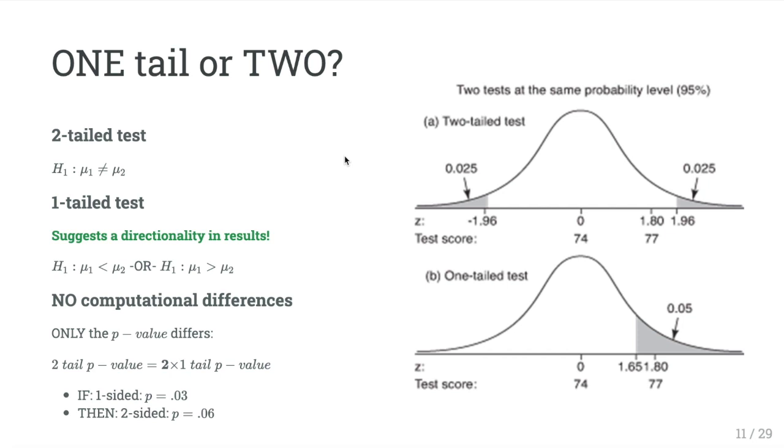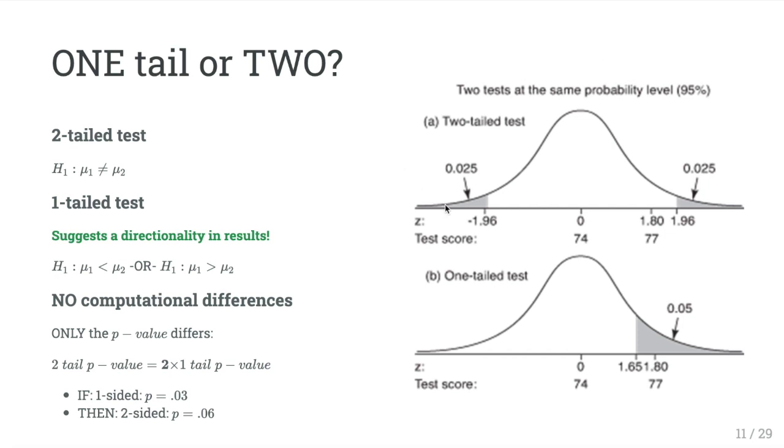So one-tailed test is saying we already know the direction of the results before we even collected the data. Sometimes this is possible, but almost always we're just going to use a two-tailed test. When it comes to the computational stuff like the mean and the test statistic, there's nothing different. The only thing that will change is the p-value will be different.